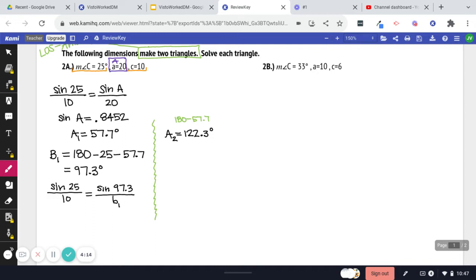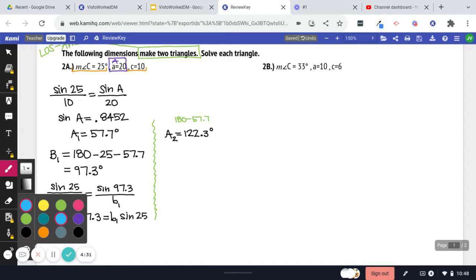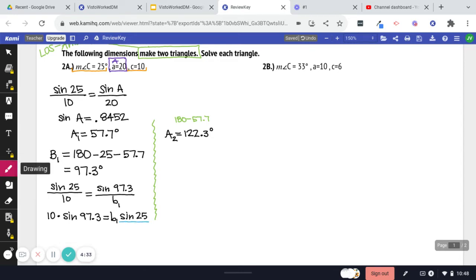Those two would be multiplying on one side of the cross multiply. 10 times sine 97.3 equals b1 sine 25. So then in the whole process of solving this question, we would divide by sine 25.